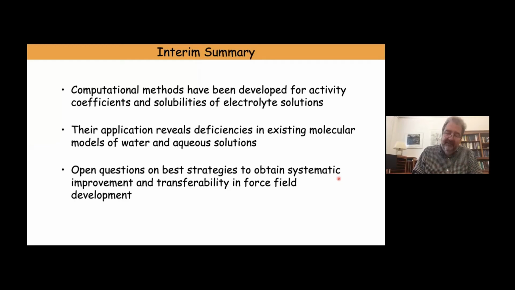One of these approaches that we are exploring is to connect to quantum mechanical, to ab initio calculations, because many of the effects we're missing have to do with charge transfer and the real character of the hydrogen bonding, which is not properly described by existing water models. So we'll see how that goes in some time when we have some answers.